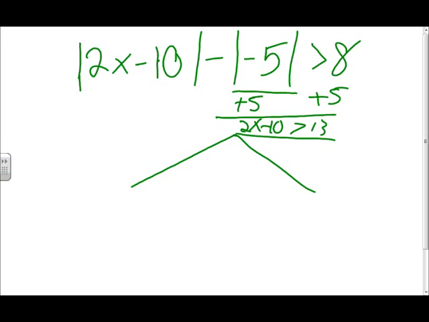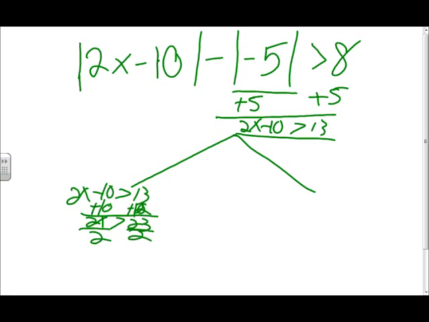Our positive case will be 2x minus 10 greater than 13. Nothing changes, so we have to add 10. Then you would have 23 greater than 2x, divide both sides by 2, and you would have x is greater than 11.5.